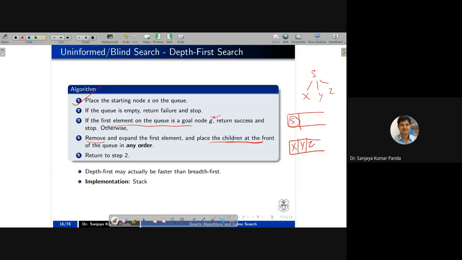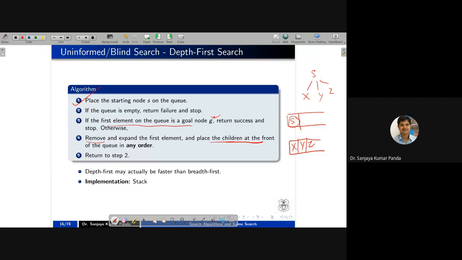That's why the implementation for this algorithm is a stack, not a queue. You repeat this process until you find your node or your search fails. Depth first search is actually faster than breadth first search. That's why people prefer DFS in comparison to BFS.